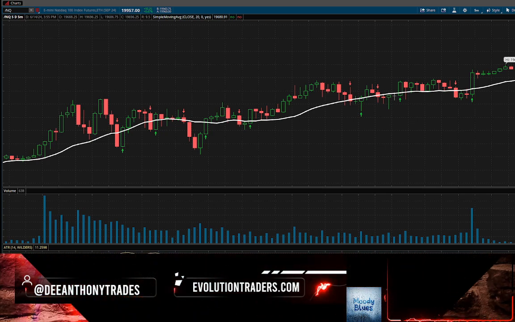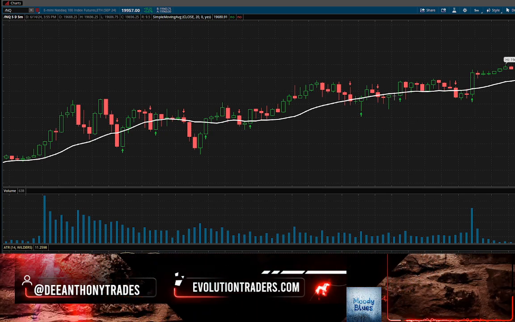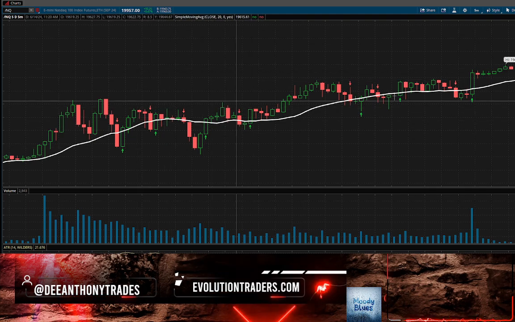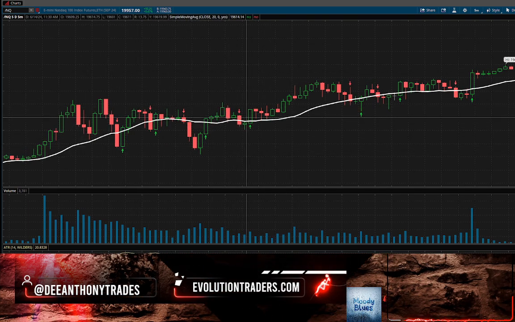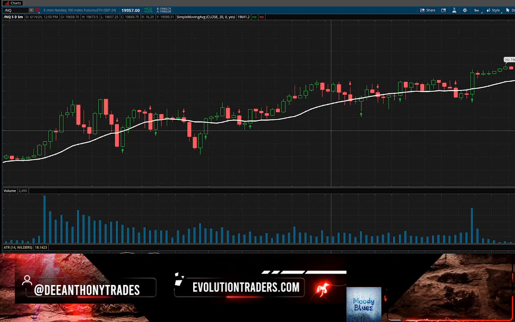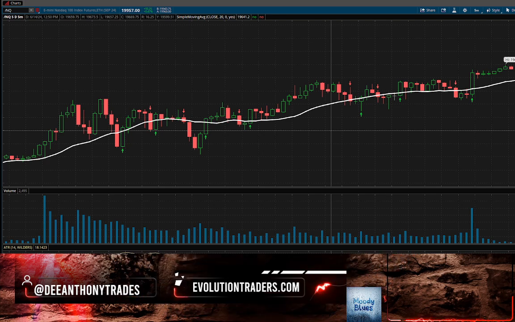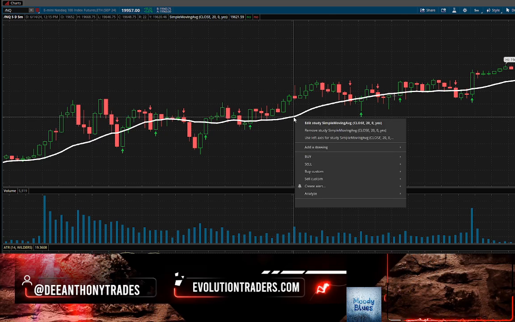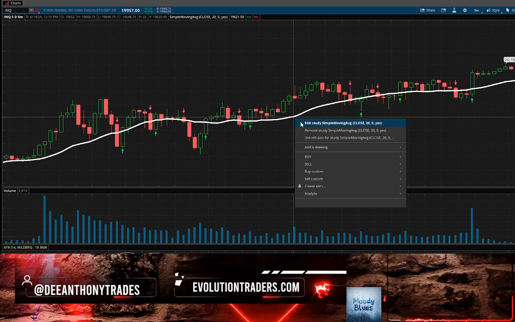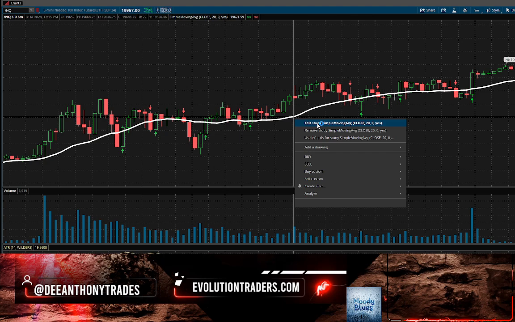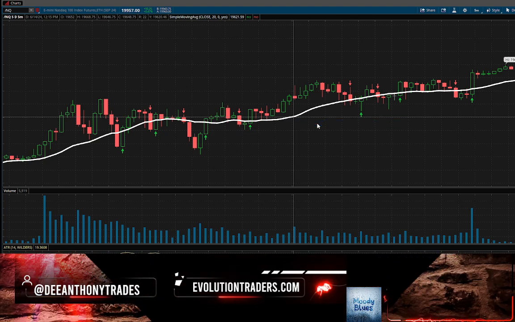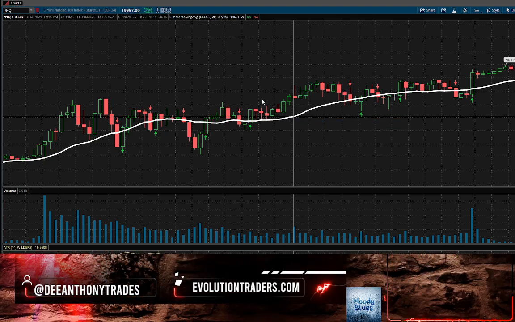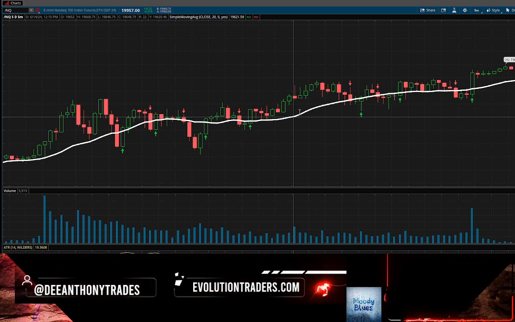And this indicator is nothing more simply than if I was to go to my chart, okay, this is a 20 period moving average. For those of you guys who are a little bit newer to trading, the 20 SMA, simple moving average. If I was to right click and go to edit study, which is my simple moving average, and I bring this little menu up, it's going to say price, set to close, length, 20 for the 20 SMA.